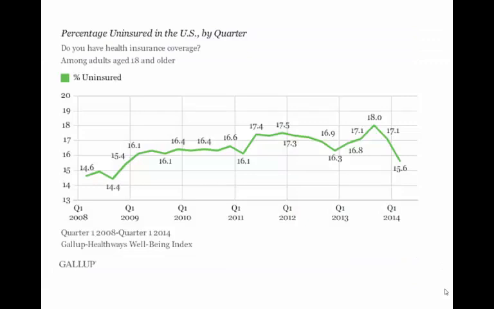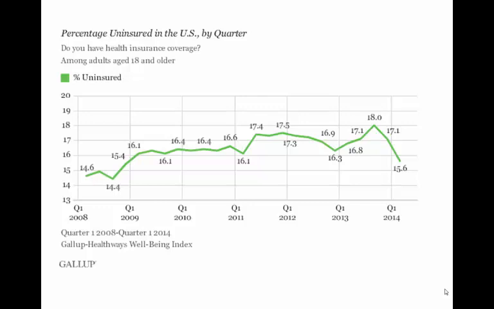This is a Gallup poll from April 7, 2014. As you can see, the number of uninsured people had been basically climbing since the Kaiser chart in the last slide. By the end of the last year, we had a record 18% of people without health insurance. That dropped off precipitously with the rollout of the online health exchanges in the last part of 2013.